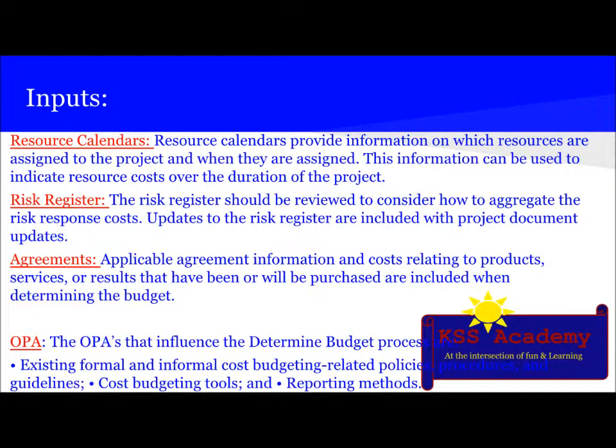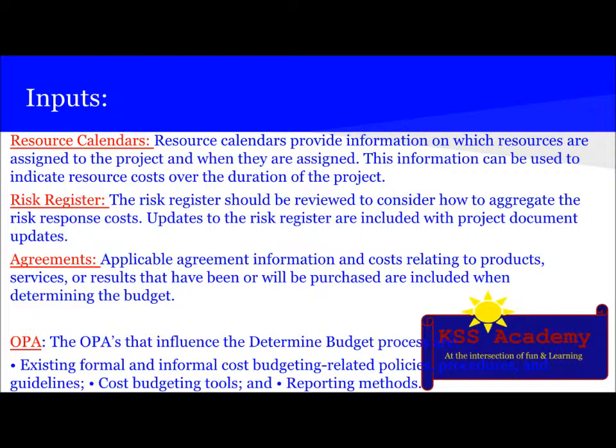Then the next input is the risk register, which should be reviewed to consider how to aggregate the risk response costs. Updates to the risk register are included with the project document updates. Then there are agreements. Applicable agreement information and costs related to products, services, or results that have been or will be purchased are included when determining the budget.